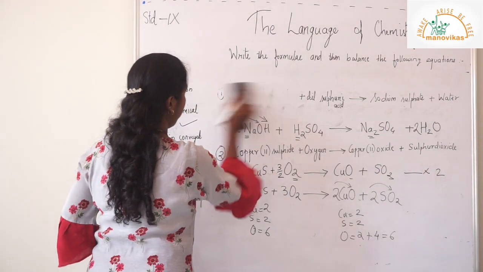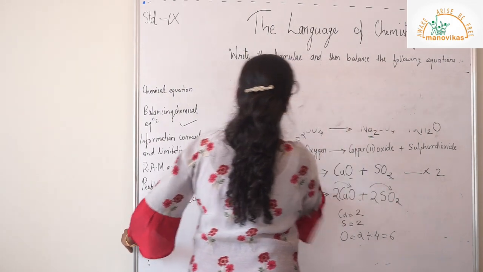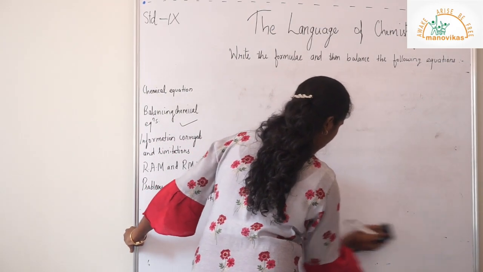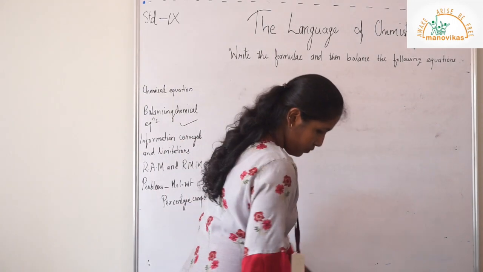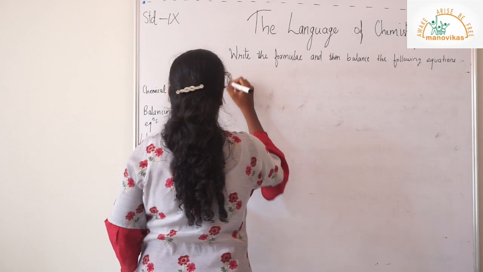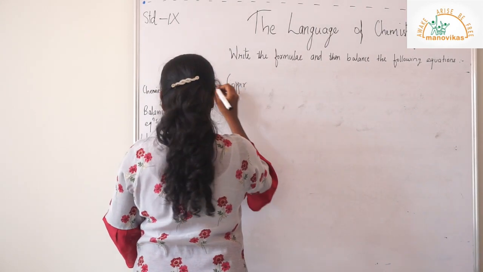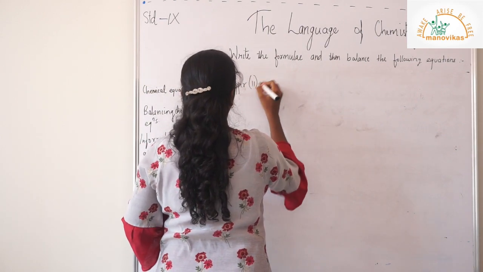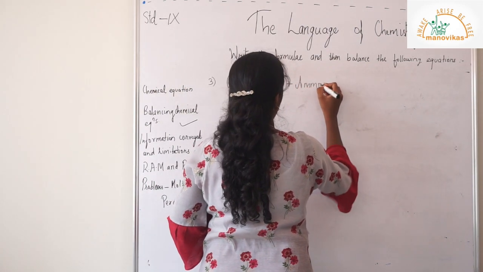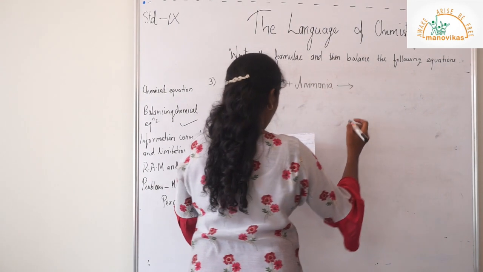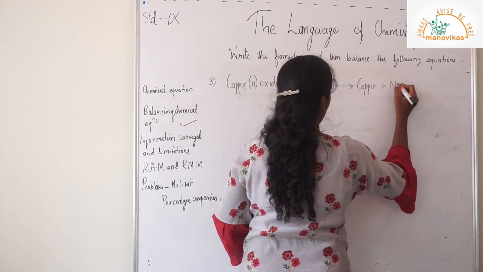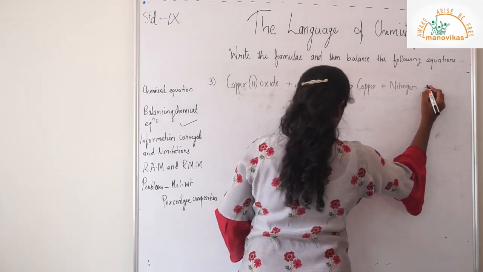Let's take one more example. Copper oxide plus ammonia gives copper plus nitrogen plus water.